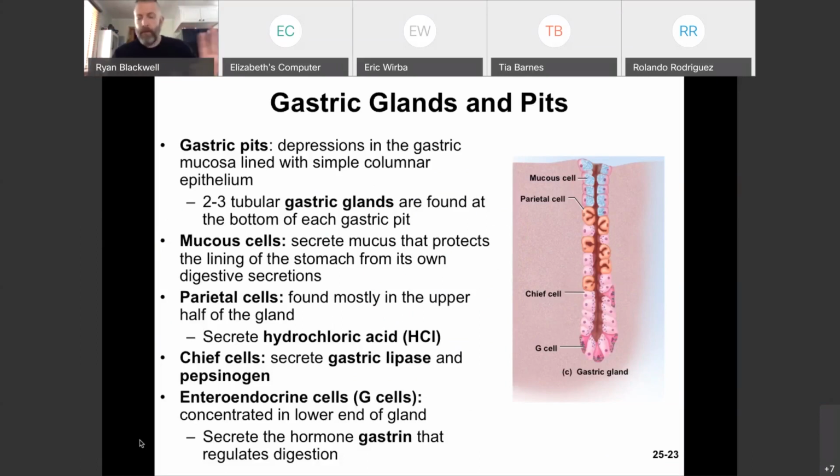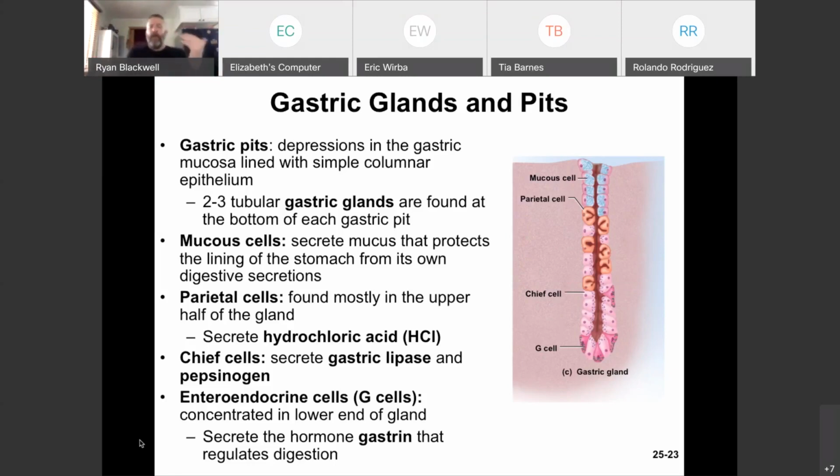Okay, so think of it this way. When it comes to digestive, we talked about the digestive system anatomy, right? This continuous tract from the mouth through the anus. We talked about the histology of that digestive tract, describing the 4 tissue layers that make up the tract and how those tissue layers differ between the esophagus and the stomach and the small intestine and the large.